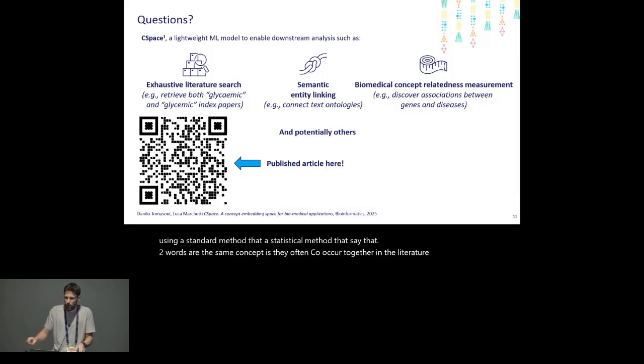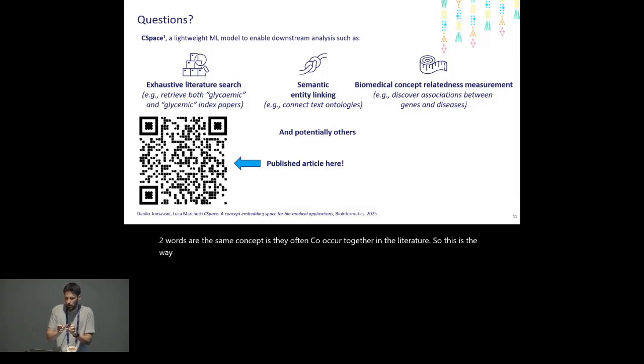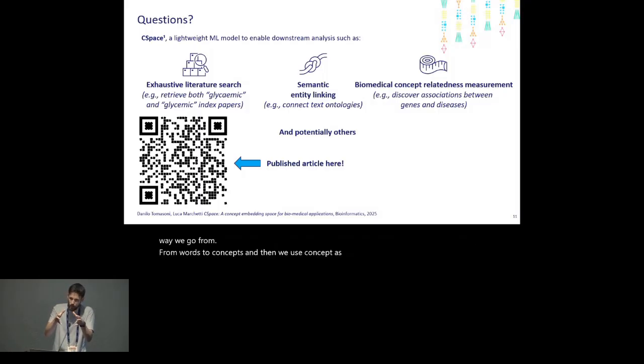This is the way we go from words to concepts, and then we use a concept as a single entity that has a single embedding, so that we can do the stuff that you just saw.